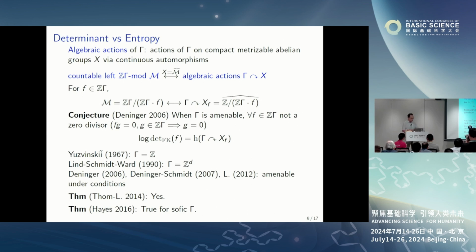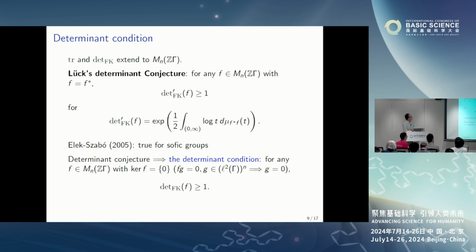Then with Andreas Thom, we showed that this is indeed true in general for all amenable groups. When Deninger posed the question, the entropy theory was only known for amenable groups, but later the entropy theory has been extended to the larger class of sofic groups. Then Ben Hayes showed that this is also true even for sofic groups. So that is the correspondence between determinant and entropy.